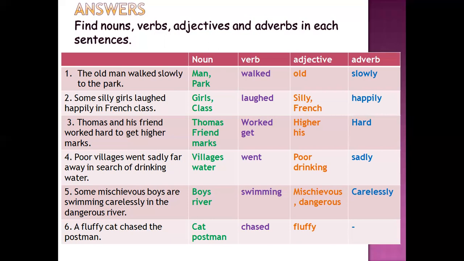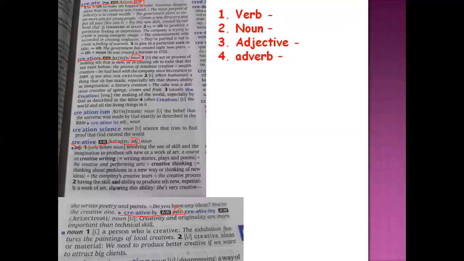Okay, let's move on. Here I have given a copy of a dictionary page. Have you ever referred to an Oxford English dictionary? Yes, what is the special thing about this dictionary?